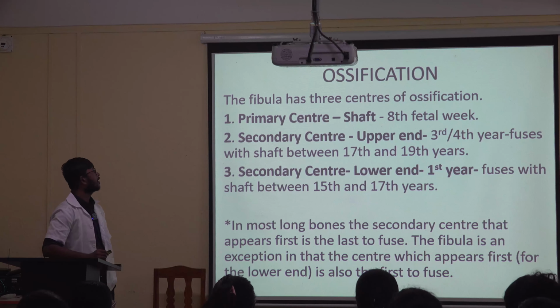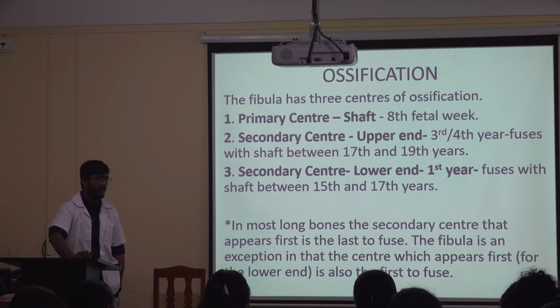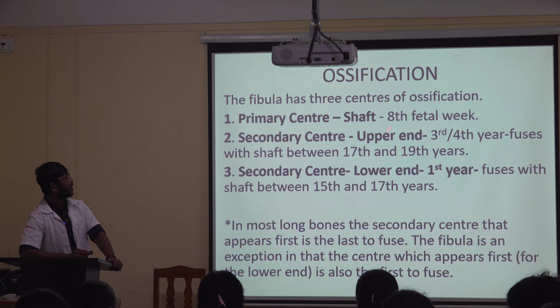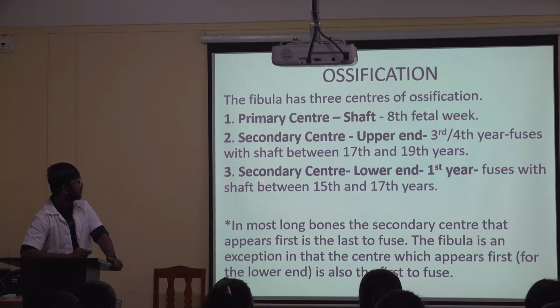Now the secondary centers: there are two, one at the upper end and another at the lower end. The upper end appears at the 3rd or 4th year and fuses with the shaft between 17 and 19 years. The secondary center for the lower end appears in the 1st year and fuses with the shaft between 15 and 17 years.